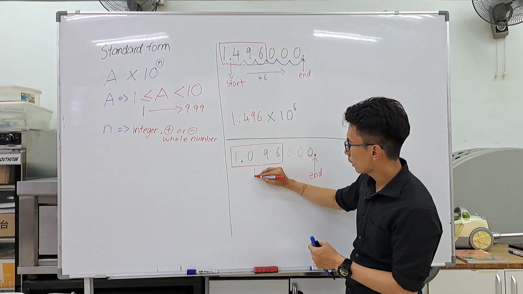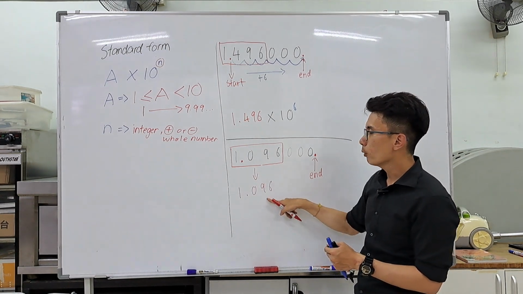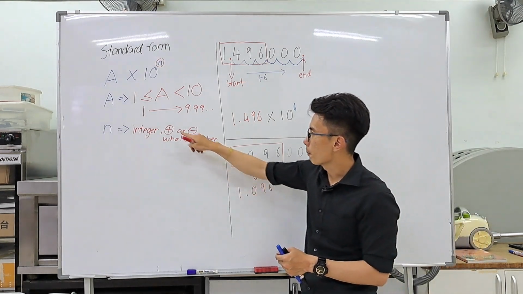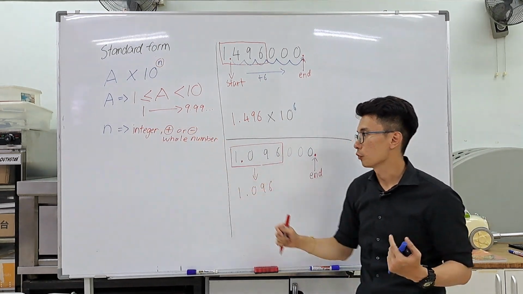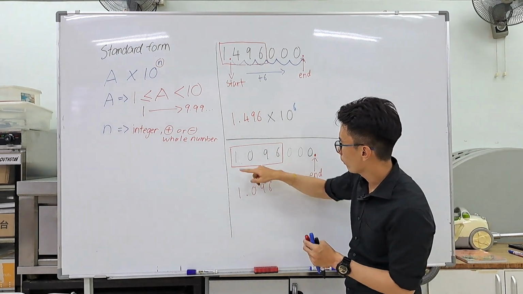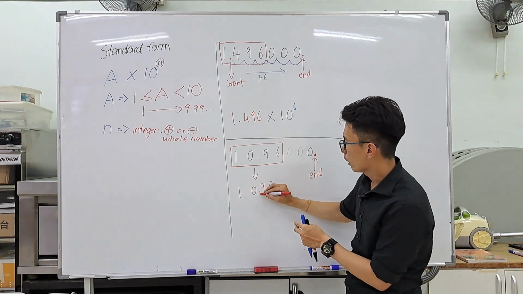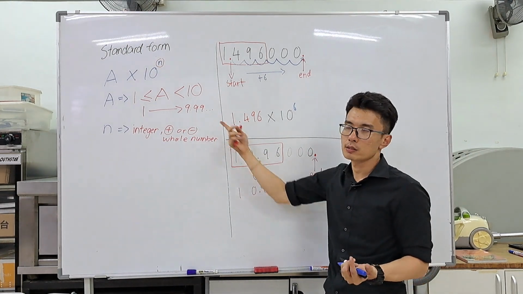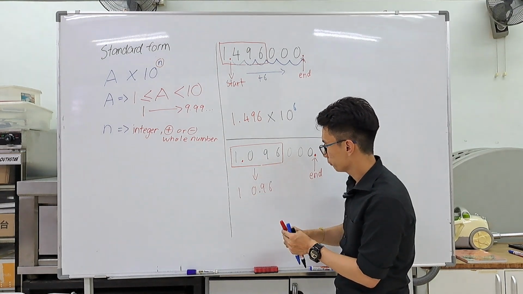If we were to take this out, we will get 1.096. 1.096 over here is bigger than 1 and lesser than this. Hence, it satisfies the range. If I were to put my decimal point over here, that will be 10, which is bigger than this. So it doesn't satisfy the range. So the correct location will be here.